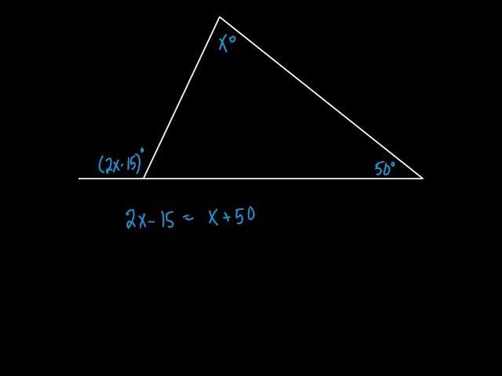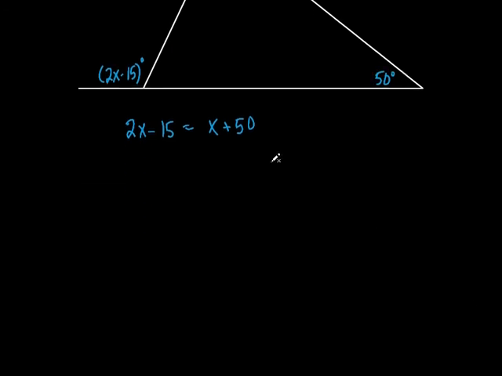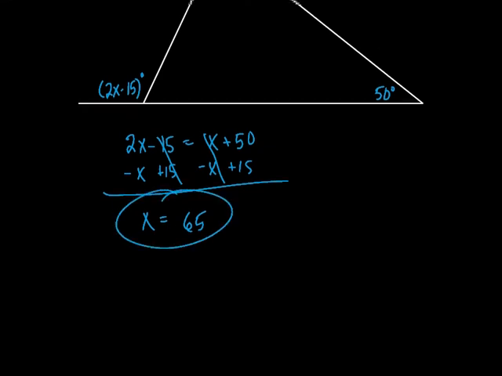We've done this dozens and dozens of times, haven't we? With all your homework and your quizzes and tests and stuff that we did in class, you've done this a ton. So subtract x from both sides, add 15 to both sides. 2x minus x is x. That's easy. That canceled out. That canceled out. What's that? 65. So x is 65, right?